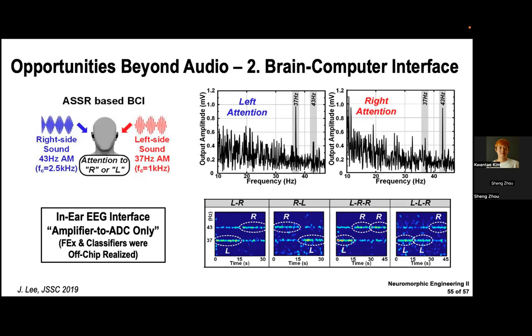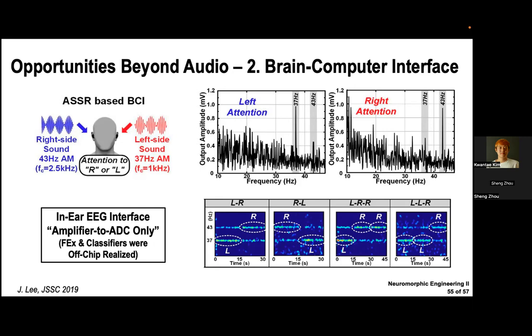For example, if we attend more to the left stimulus, then the 37 hertz peak is more prevalent compared to the right attention case, which can be used for classification to build a brain-computer interface.